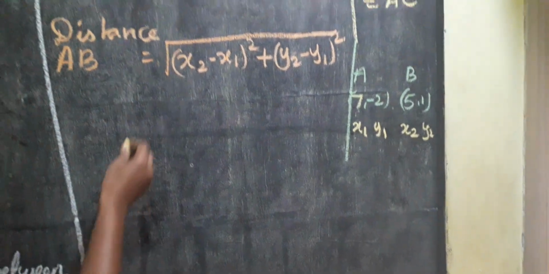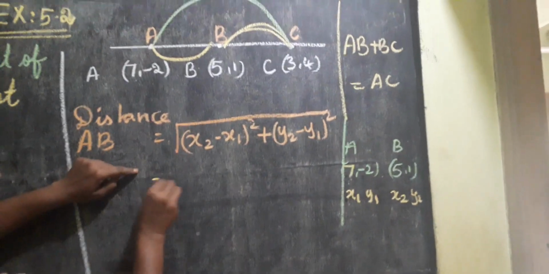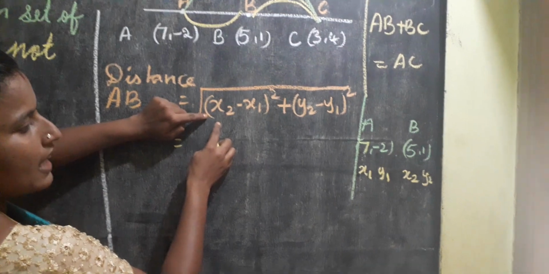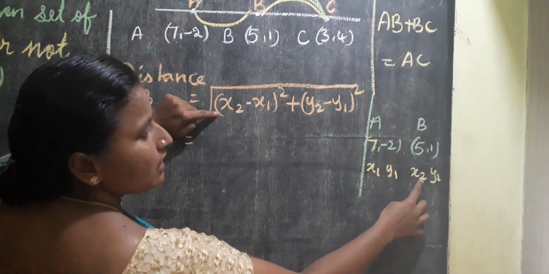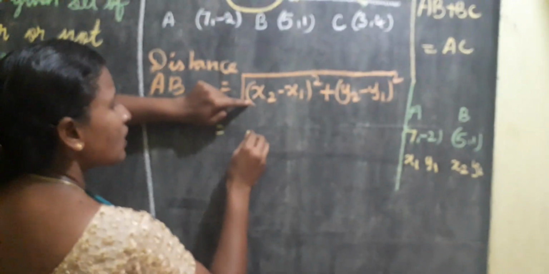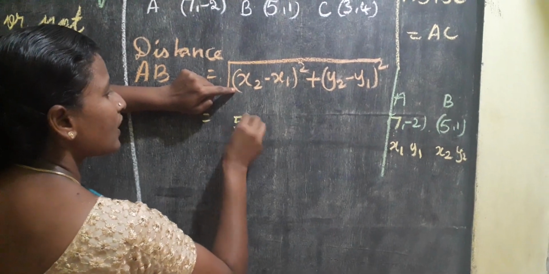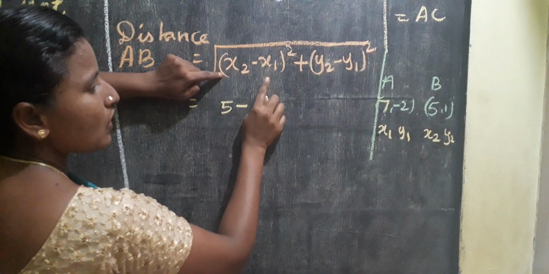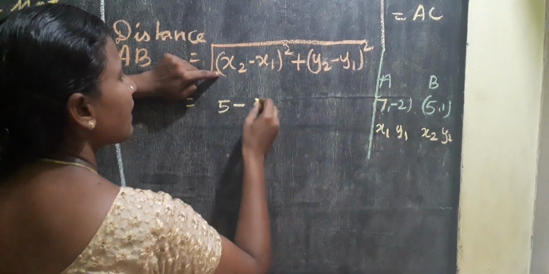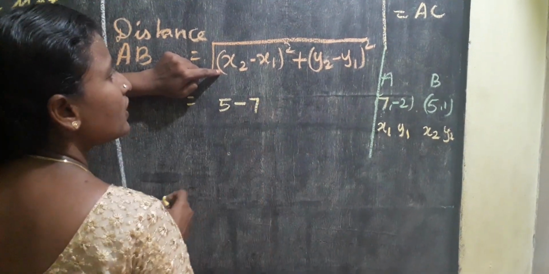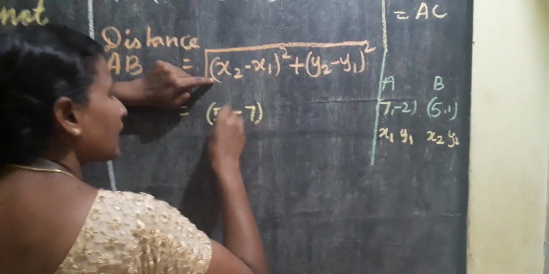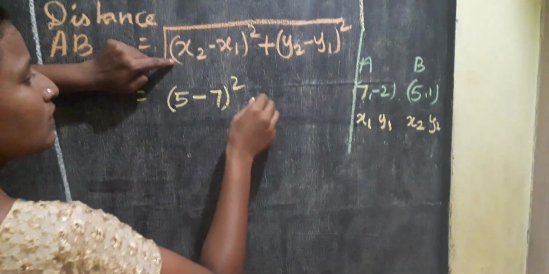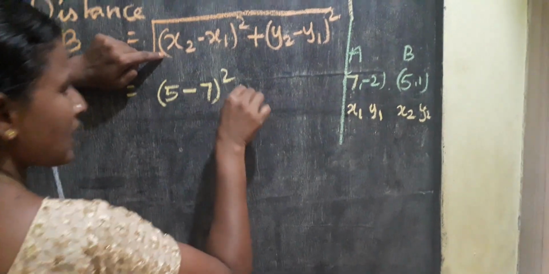Clear? Now apply the values. What is the value of x2? 5. So we put 5 minus x1. What is the value of x1? 7. So put 7, bracket, whole square, and put plus.